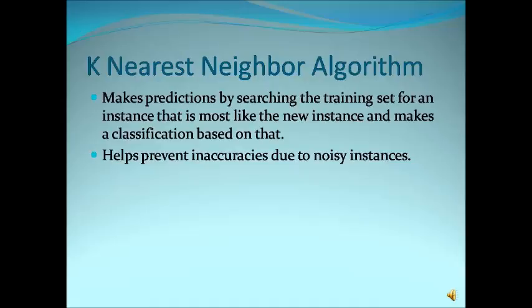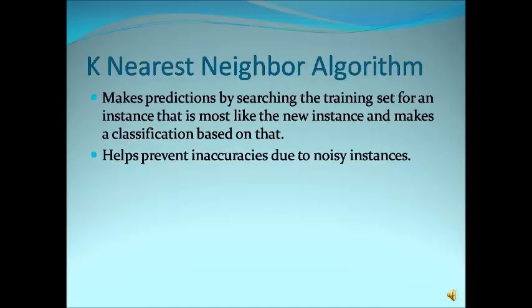Now, k-nearest neighbor helps prevent inaccuracies due to noisy instances, and it does this by taking into effect more than one nearest neighbor instance.